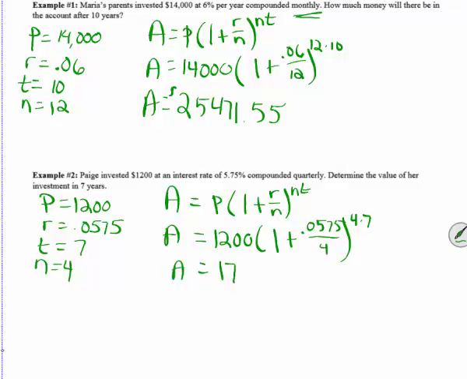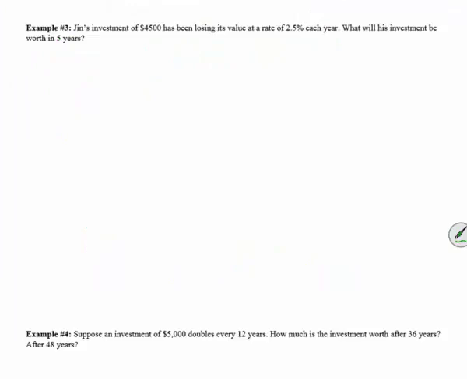So after 7 years, she would have $17,789.54. If you need to do that step by step, please do so.